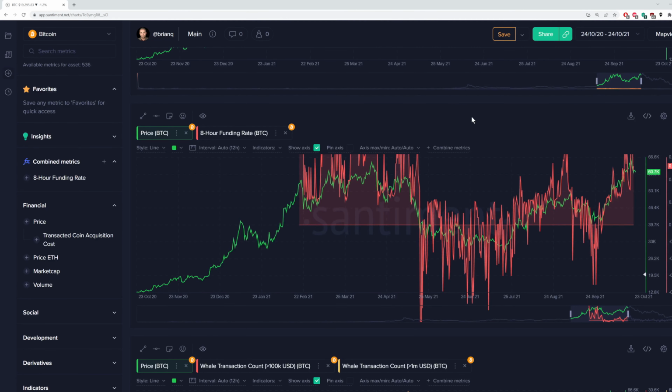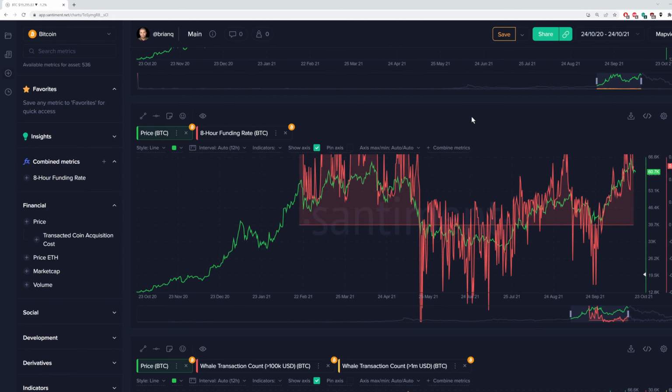All right, whale transaction count. So we have here both the $100,000-plus transaction count and the $1 million-plus transaction count. And in short, it's more of a volatility indicator than anything. There's a few metrics like this, and we'll touch on a few others.